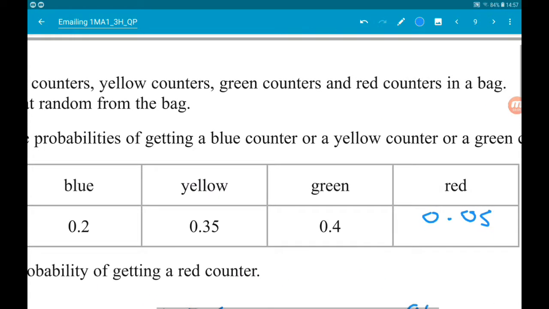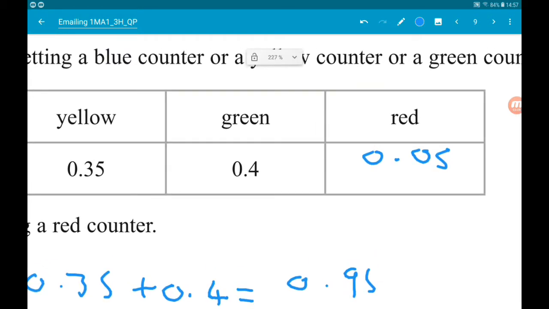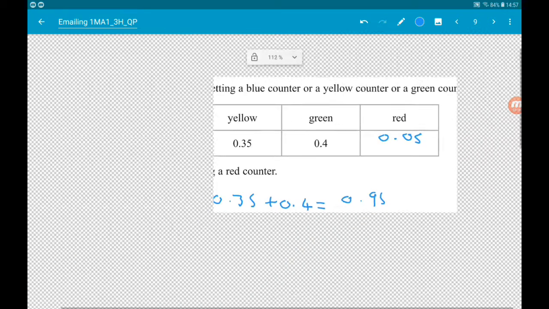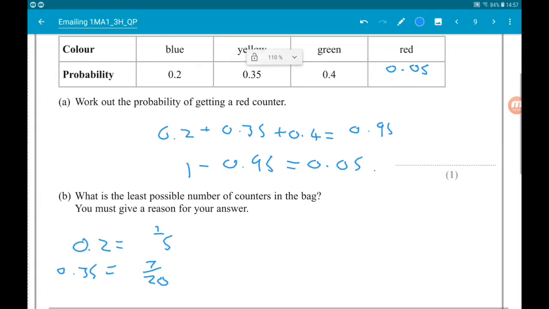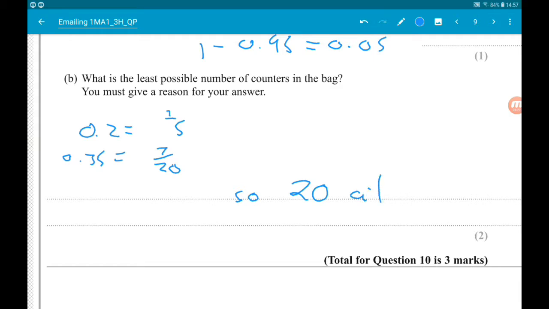Now if we do that with the other two, 0.4 is 2/5. 0.05 is 1/20th. So there needs to be 20 counters in the bag at least.